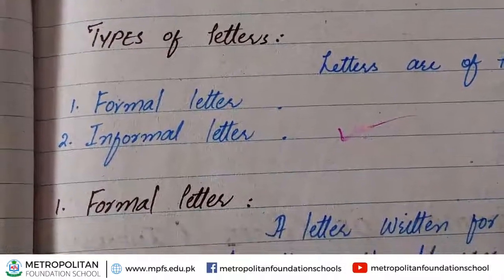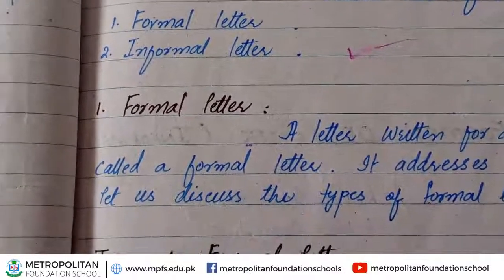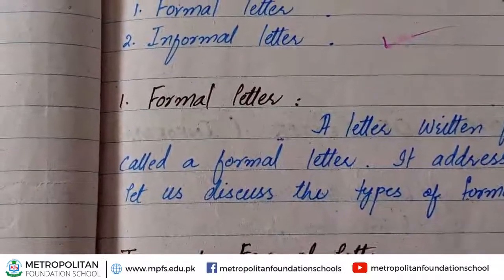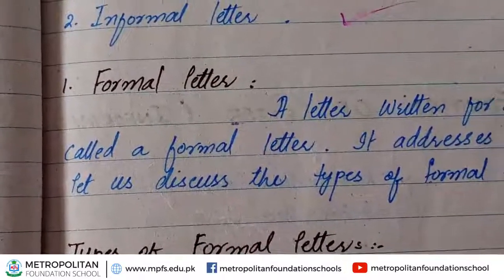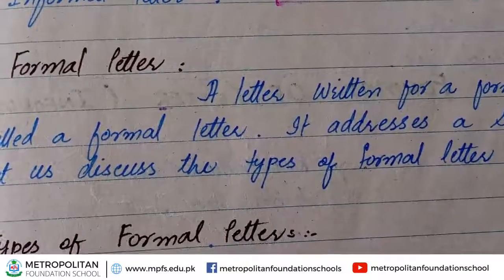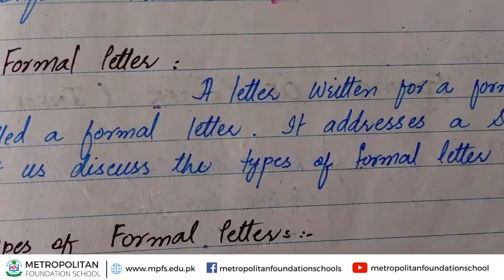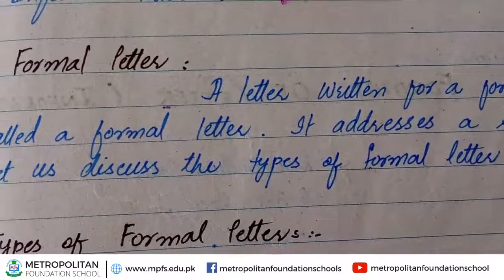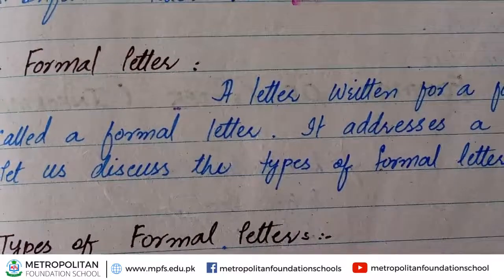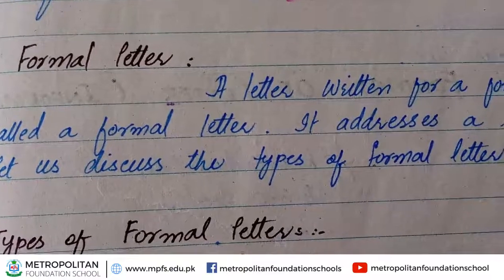First I'm going to tell you about the formal letter. What is a formal letter? A letter written for a formal purpose is called a formal letter. It addresses a serious issue.